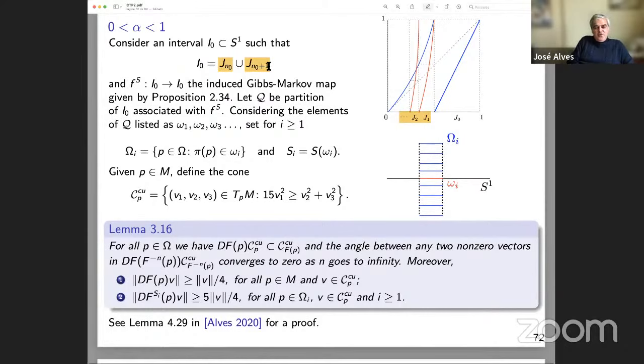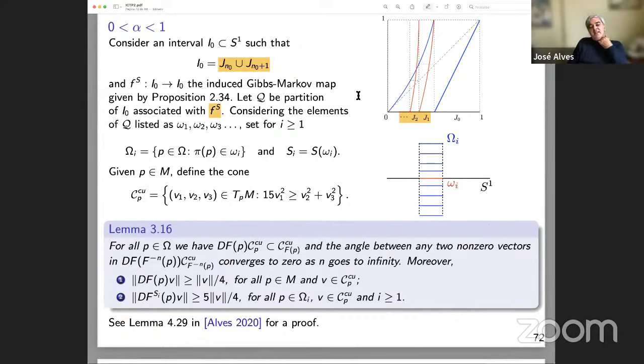Well, a union of two is to be sure that when I induce, the greatest common divisor of the inducing times is 1. Because the inducing times, according to the way we have created the induced map for F, which I called Fs, are related to the returns to Jn0 union Jn0 plus 1.